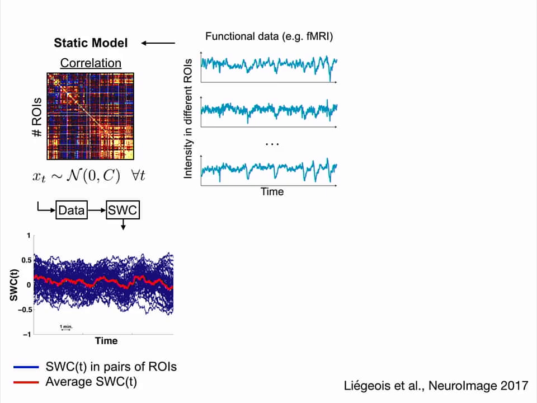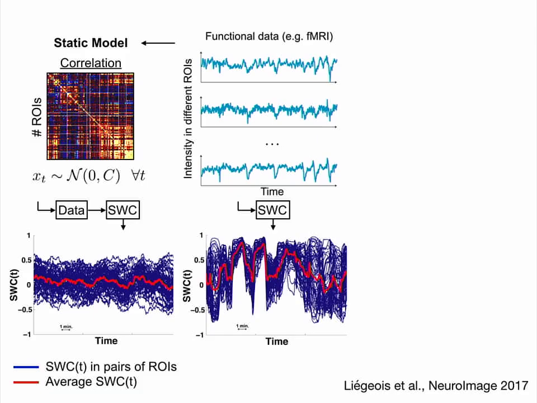So this is typically the type of properties that you are able to generate when you have a static approach. And if we compare this to the properties that we observe in real data, we see that definitely we are missing something. There are some statistical properties included in real fMRI time series that we are missing if we limit ourselves to a static representation of functional connectivity.